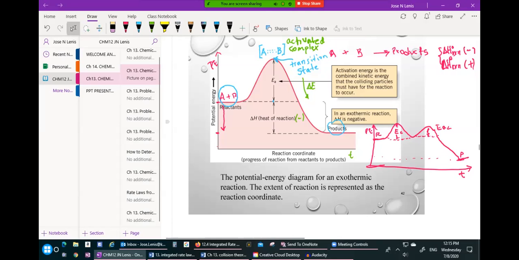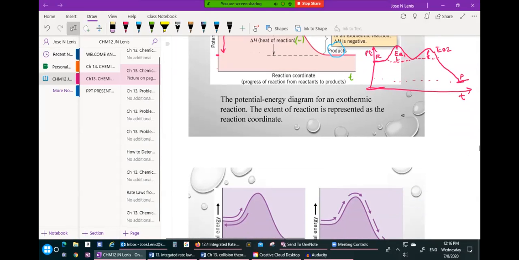So we call this activation energy 1, and this is going to be the activation energy for the second step, or 2 or 3 steps. So you need to represent a hill per step in your potential energy diagram. We'll discuss this later.